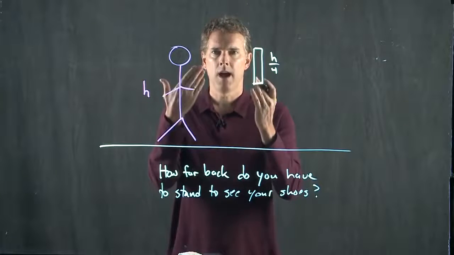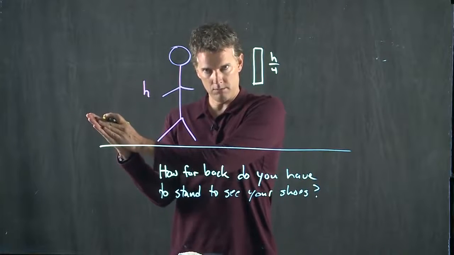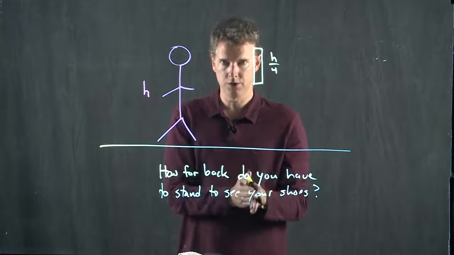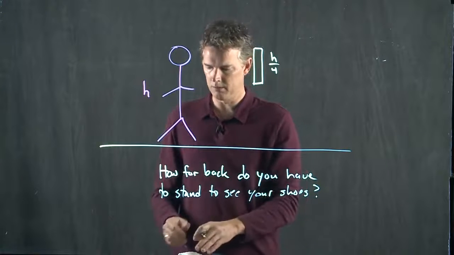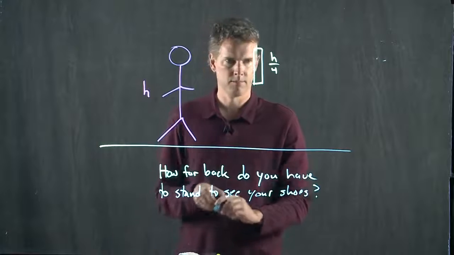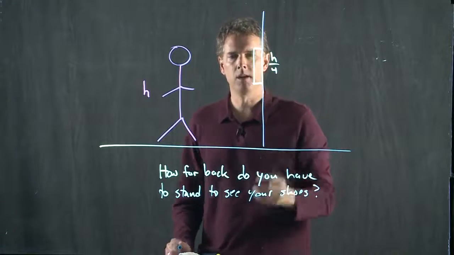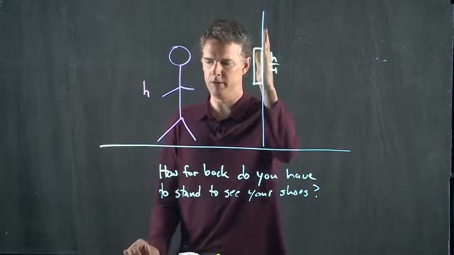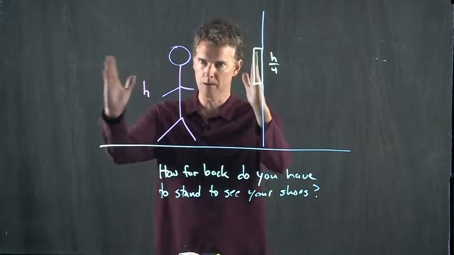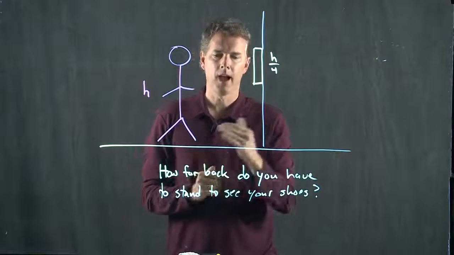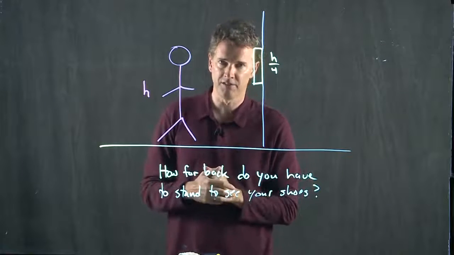Okay, how far back do you have to go in order to see your shoes? And this thing is wall mounted. Okay, it's flat. This is our wall. It's a flat mirror, it's perfectly vertical, and you're just going to walk back on a level ground. How far back do you have to go to see your shoes?